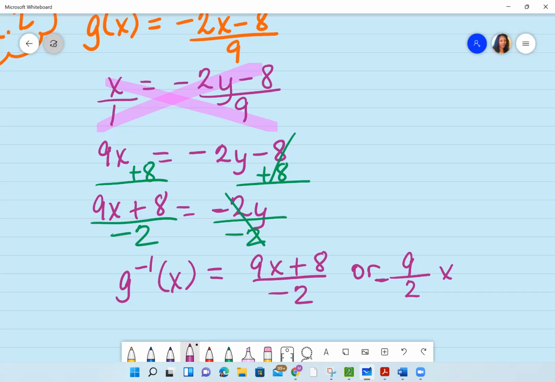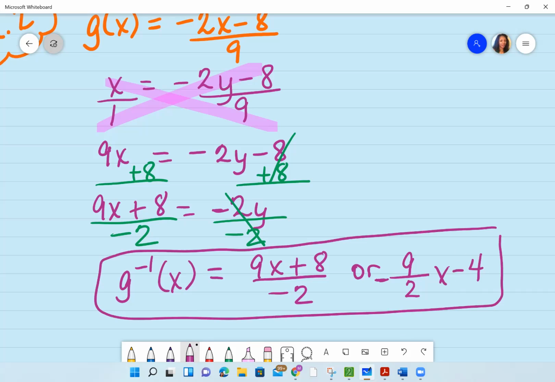And then if you were to simplify 8 divided by negative 2, you're going to get negative 4. And I forgot to put my x back. All right, x minus 4. So either one of those answers is acceptable. It just depends on your teacher, so make sure that you ask.